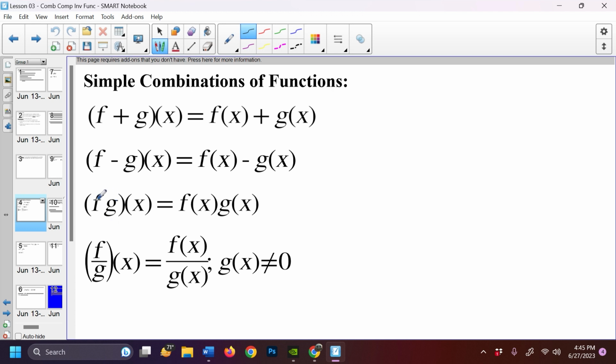The product of two functions, f times g, will be the product of the two functions, and many times if they're polynomial functions, all you'll have to do is distribute. The quotient of two functions is just f over g, and you have to throw out any values for x that cause g of x to be equal to 0, because then you'll have a division by 0. We can't have that in our functions.